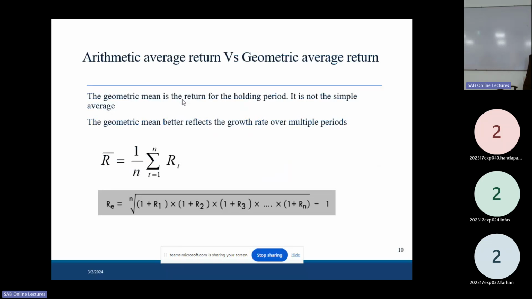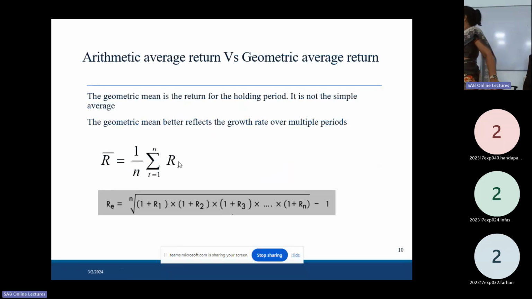This is the statistical mean. When we calculate the standard deviation and variance, we use this. Simply total of the observations divided by the number of observations.